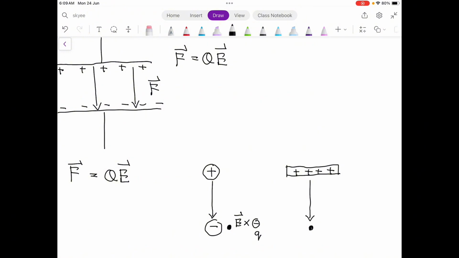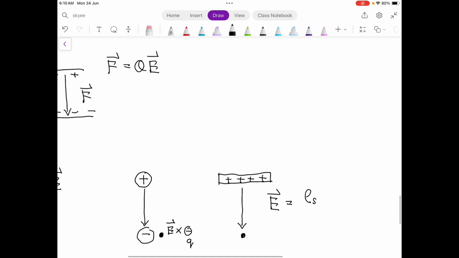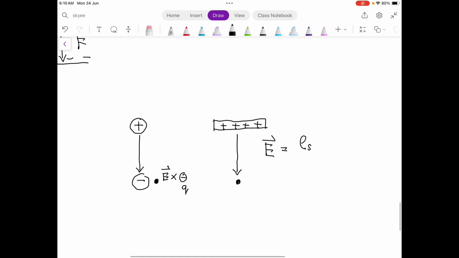If you remember, the electric field equation for this is equal to rho x over 2 epsilon. In this case, it's epsilon naught because this is in between the parallel plates.